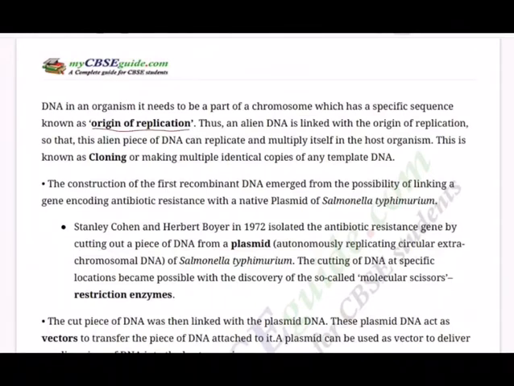Thus, an alien DNA is linked with the origin of replication so that this alien piece of DNA can replicate and multiply itself in the host organism. This is known as cloning, or making multiple identical copies of any template DNA. This is the secret behind it.